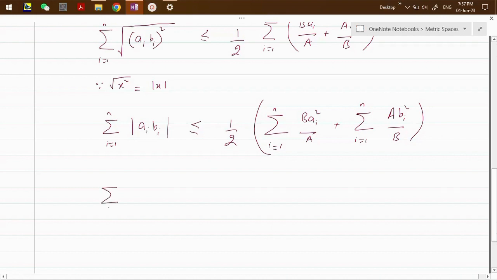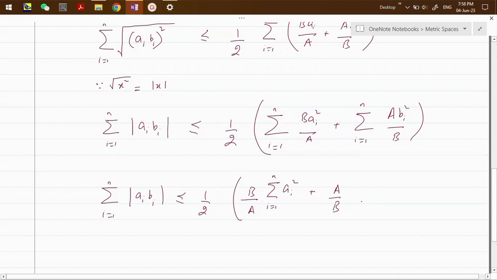Here b over a in the first term is independent of i, so we can take out b over a, and inside we have summation i from 1 to n ai square plus a over b.